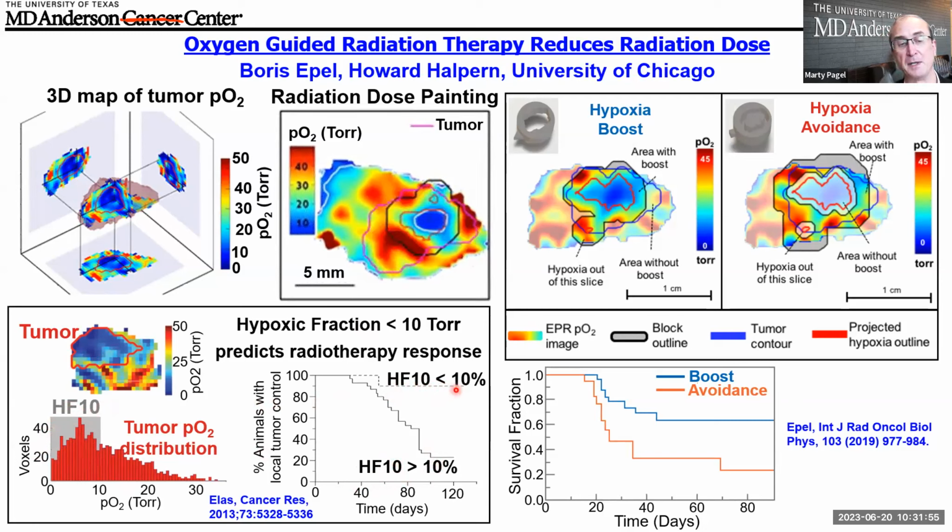The mice that do not have large, severely hypoxic regions within their tumor are treated quite well with radiotherapy. So again, if we could get that hypoxic fraction for patients, I think that would be a home run for predicting which patients would respond well to radiotherapy and which ones may not.